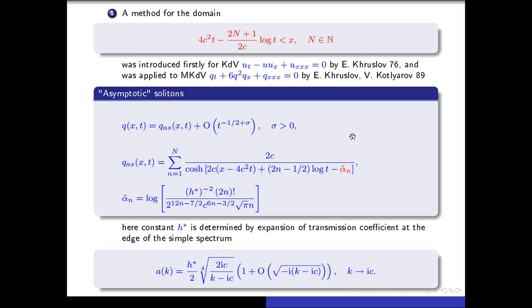Close to this leading edge, 4c squared t, in a small logarithmic domain, we have a train of asymptotic solitons, which run almost with the speed 4c squared, a little bit less.